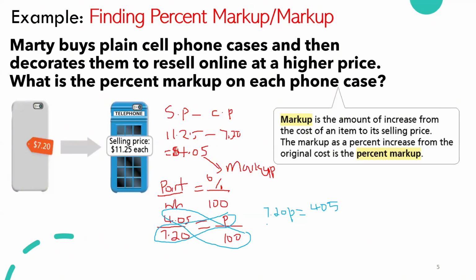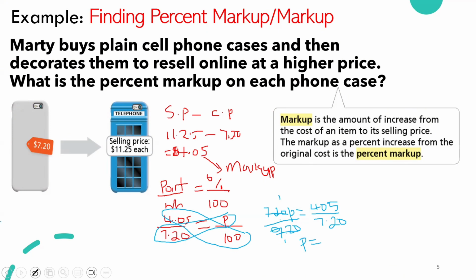Now we are going to find the value of P by dividing both sides by $7.20. We already know why we divide both sides: we are trying to isolate the variable P. So we need to get rid of the $7.20 here. This $7.20 cancels the $7.20 in the denominator, and we are left with P on the left-hand side of the equal sign.